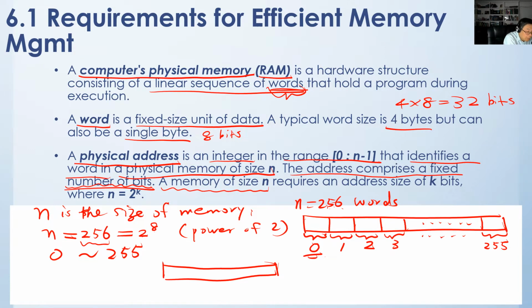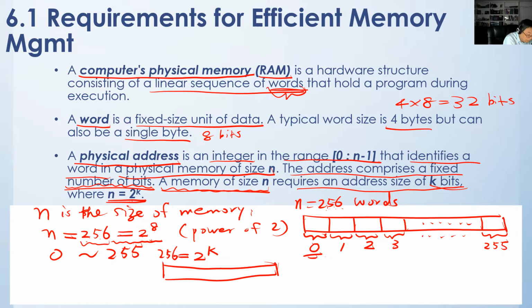So the answer is that memory of size n, which is 256, requires an address size of k. What is k? I need to find a k such that n equals 2 to the k. So that's 256 equals 2 to the k. Now, what is that number? That's why I used a power of 2, because 256 is 2 to the 8.